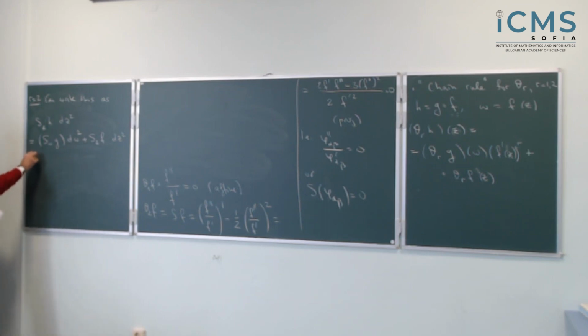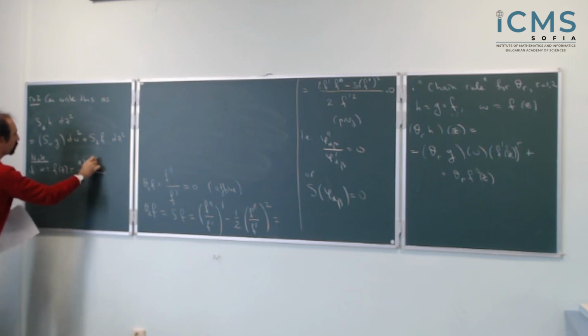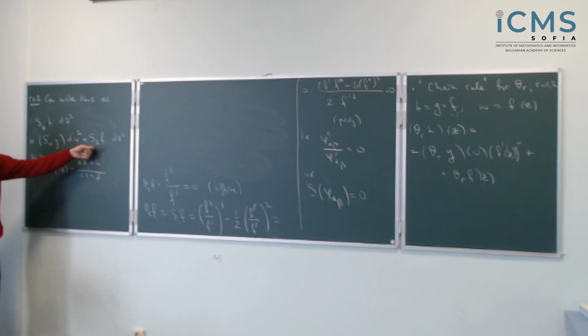So we can either precompose or post-compose with the fractional linear transformation. If we take, let's say, f to be fractional linear, so w, which is f of z, is (az plus b) over (cz plus d), then this term will be gone, because fractional linear transformations are annihilated by the Schwarzian.